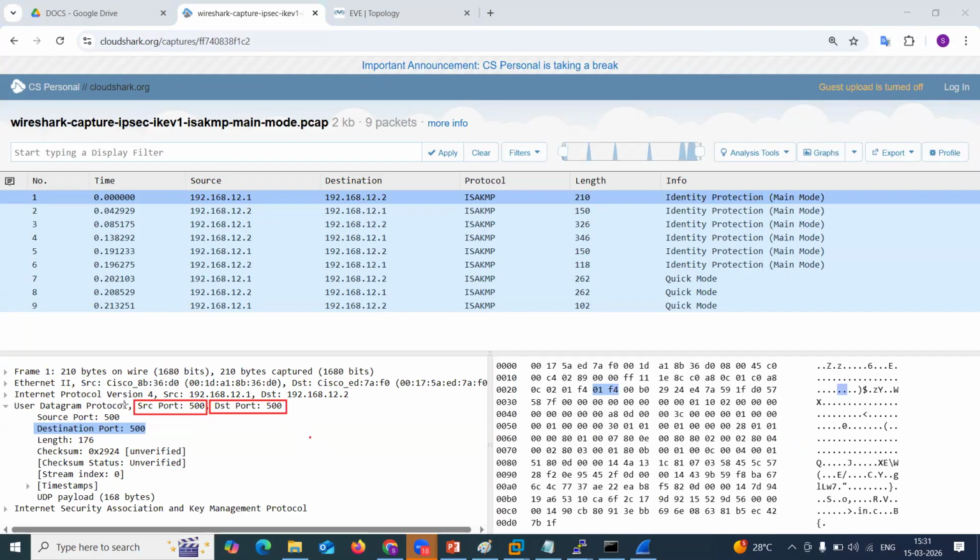If this port number changes, the hash value will change. And if the hash value changes, your packet will get dropped.